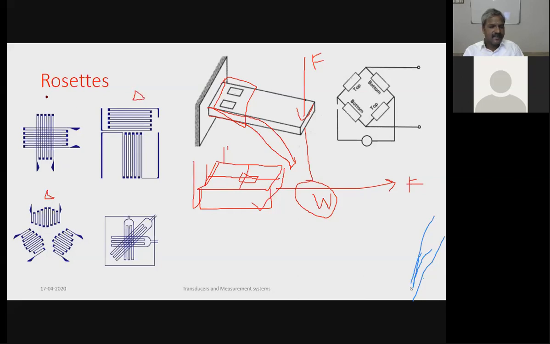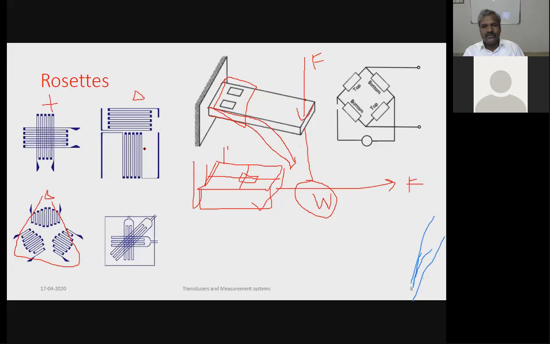This is plus, okay. So plus or the cross rosettes. These are all different rosettes. This is called delta because it's in delta shape. It is rectangular shape. This is square shape. So this shape for different surfaces. Okay, the types of rosettes.